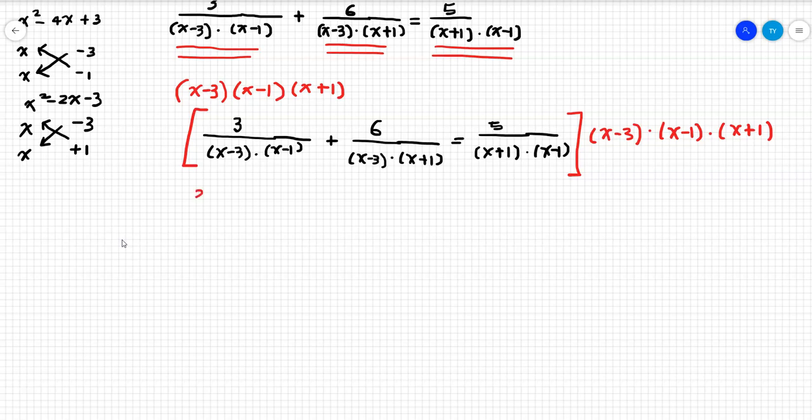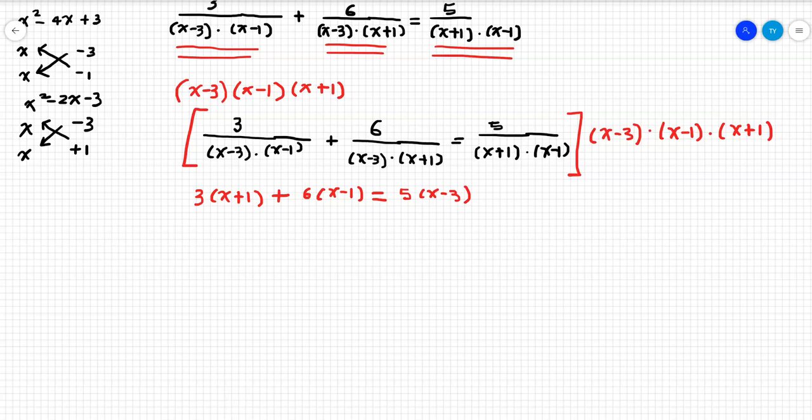So you'll have 3 times x plus 1, plus the next term, where x minus 3 and x plus 1 go away, so you're just going to get x minus 1. 6 times x minus 1 is equal to, here x plus 1 and x minus 1 go away, you just get x minus 3. Alright, so as you can see, your denominator is gone.